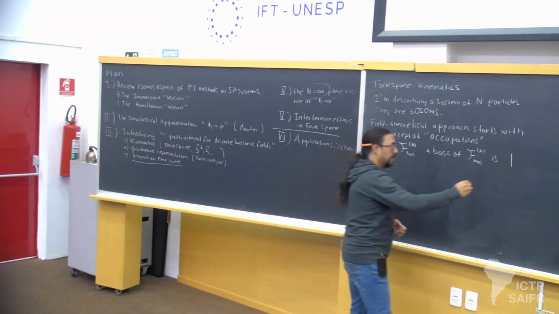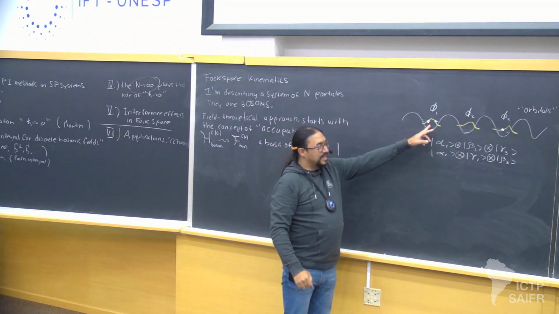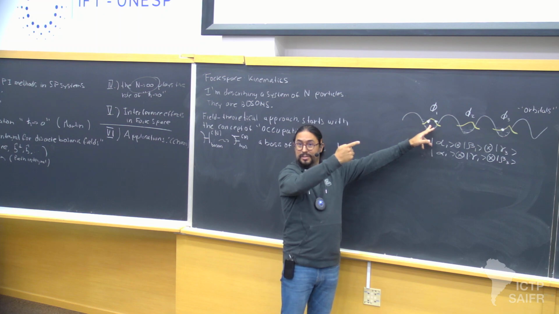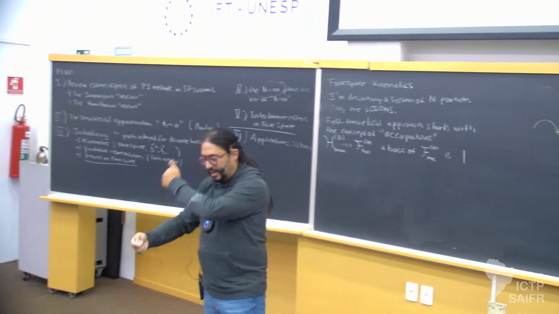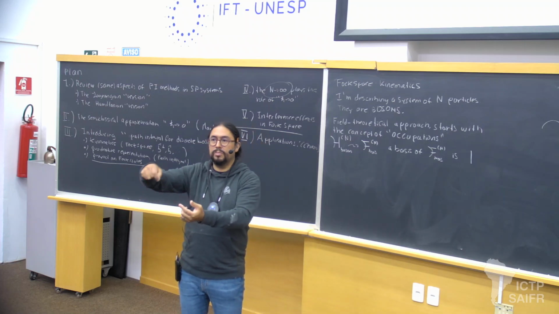Look what I'm going to do. For each of the single particle states, now, this is a nice picture because they actually do this in experiments. The cold atoms people take a laser, create a standing pattern, and put cold atoms in there.